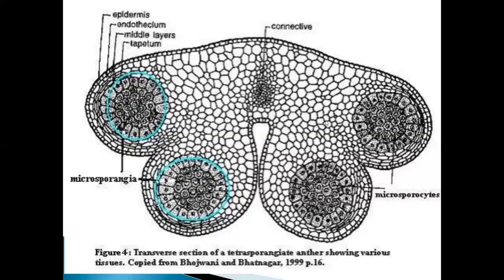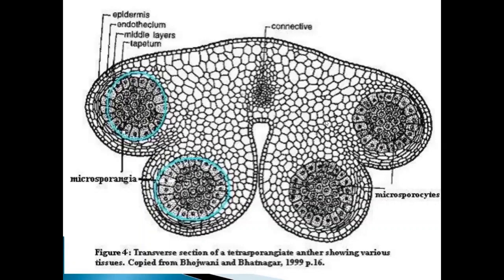The epidermis is the outermost protective layer of the microsporangium. It looks like unicellular cells arranged compactly, consisting of a single layer of cells with no intercellular spaces.